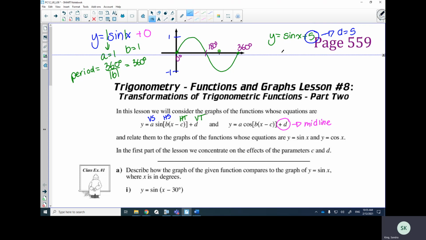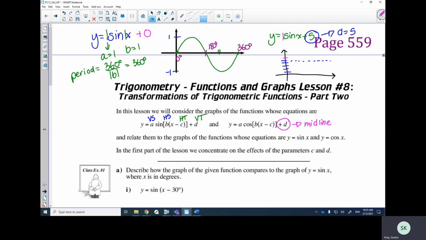So you would draw yourself a little Cartesian plane, and you would count up to 5. 1, 2, 3, 4, 5. That is your midline. And then this graph, what would the amplitude of this graph be? So what's the a value here? 1. So the a value is 1. That means that this graph has a height of 1.